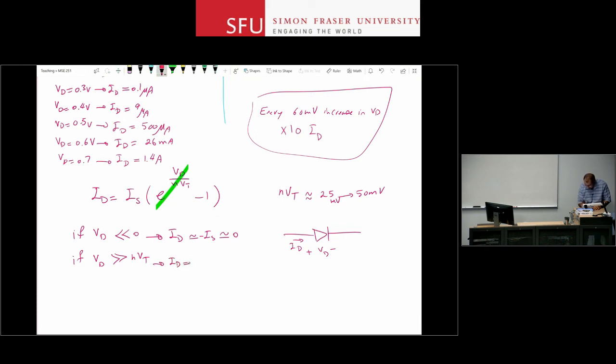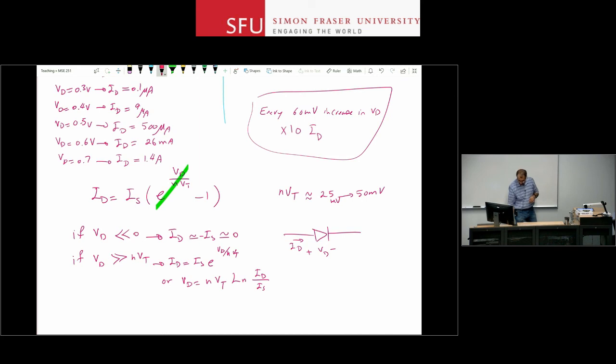So ID will be IS e to the VD over NVT, or when the diode is conducting current, when the diode is on, you can say that VD is given by NVT natural log of ID over IS. So if the diode is on, you can calculate the voltage drop across the diode from that equation, or the current through it as shown over there.